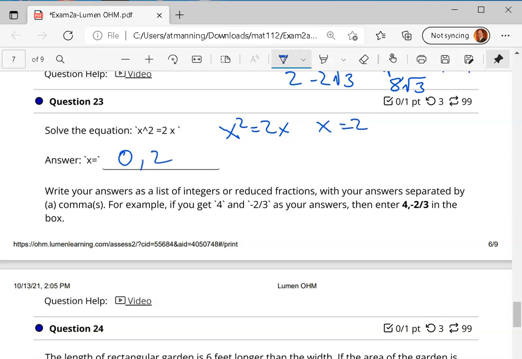So when x is 0, that comes out 0 equals 0. Divide by x, and of course, that's defined for all x's except when x is 0. I already said, if x is 0, I get equality. The other possible answer is x is 2.